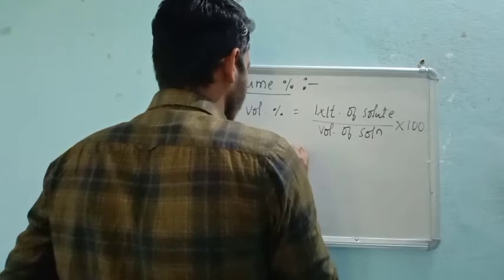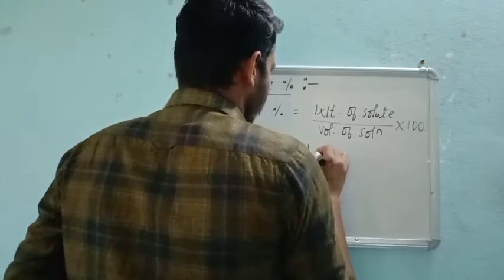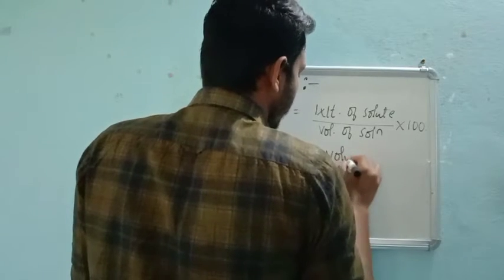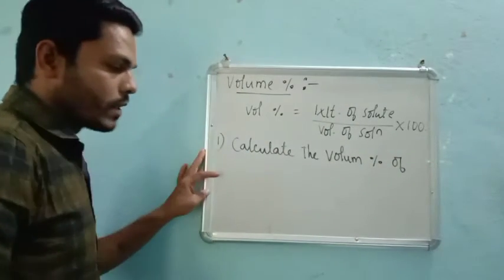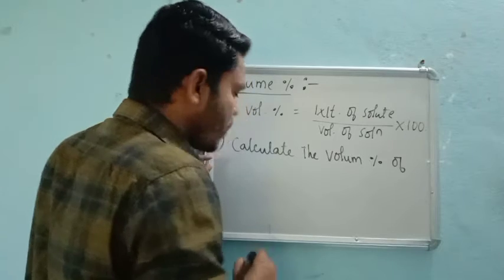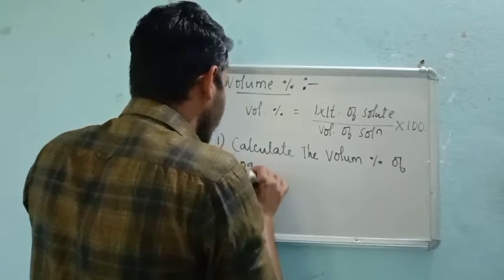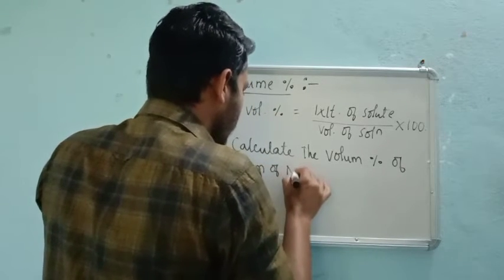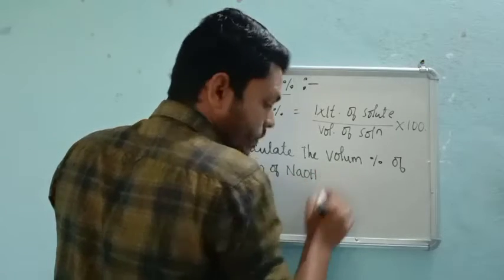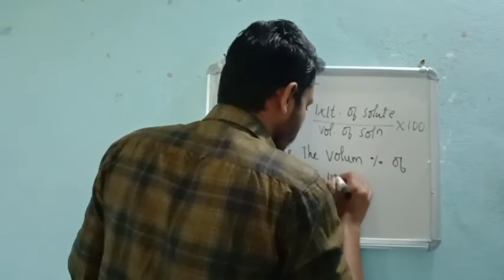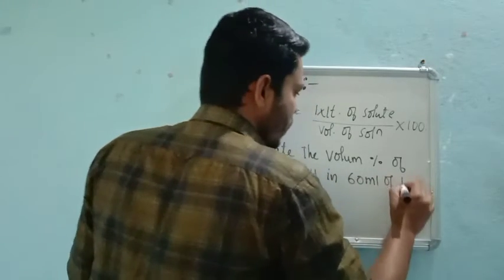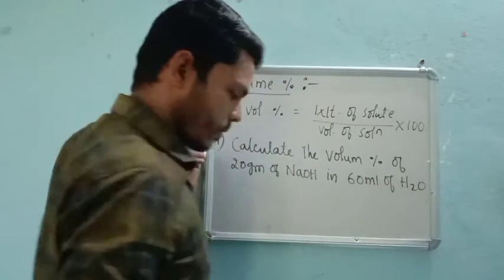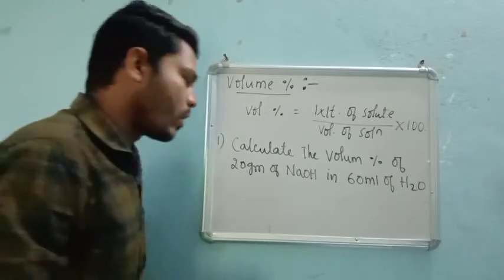Calculate the volume percentage of 20 gram of NaOH in 60 ml of water.